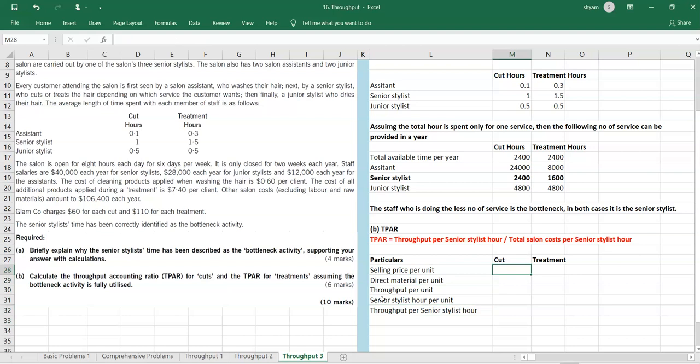So we'll start. Selling price is given here. It is 60 and 110. Direct material is here.